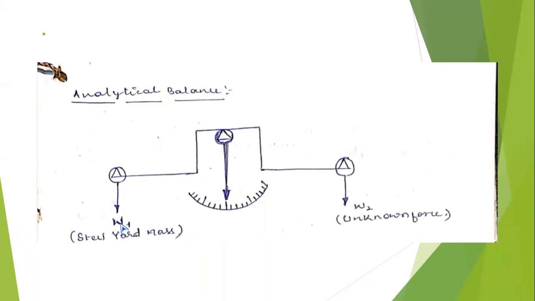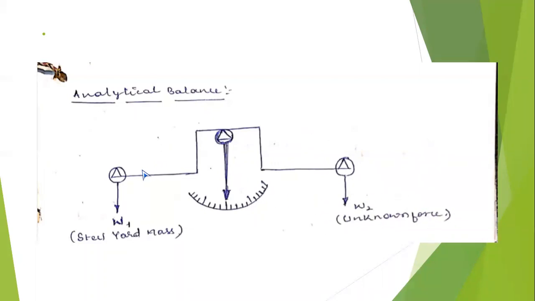The left pan W1, the right side pan W2. W1 is for keeping the standard known weight, which may be in the metric system 1 kg, 500 grams or 100 grams. In W2, the unknown force, which may be grocery, chemical, or anything, is kept.